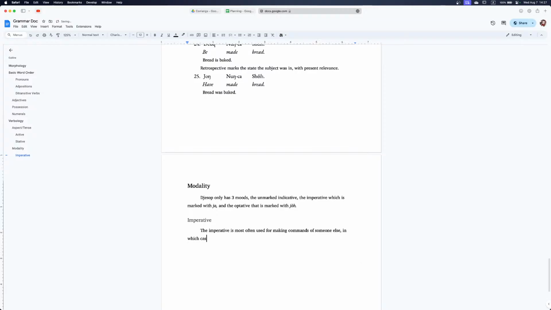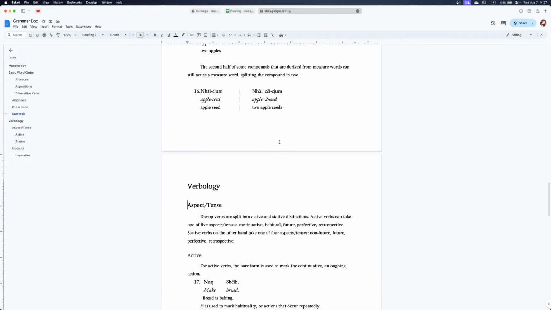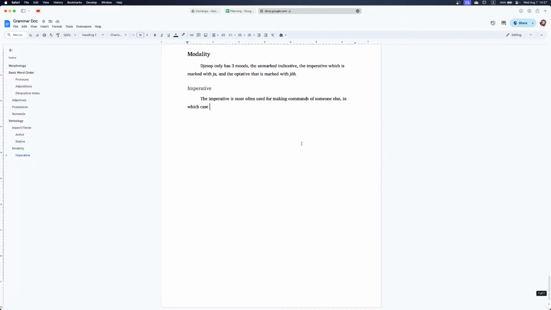In which case the second person pronoun is also used.